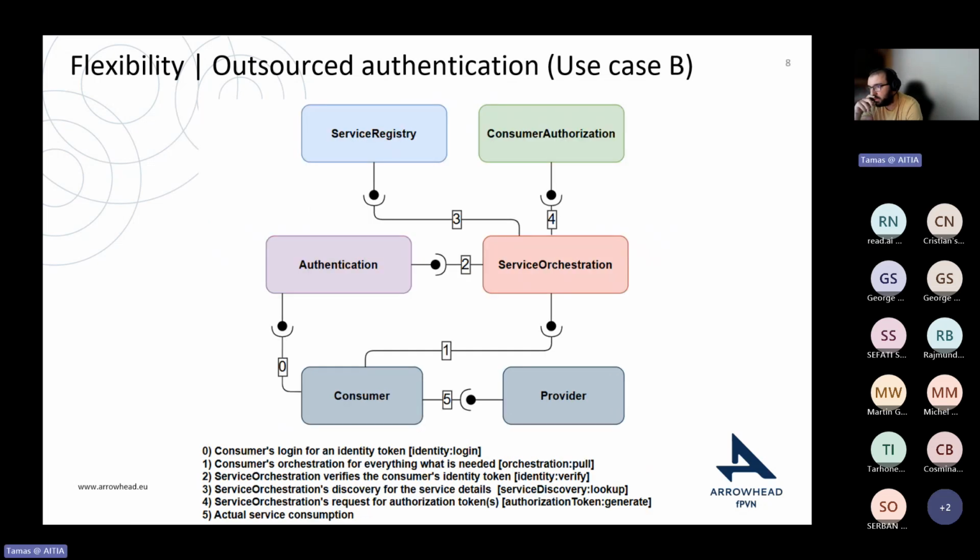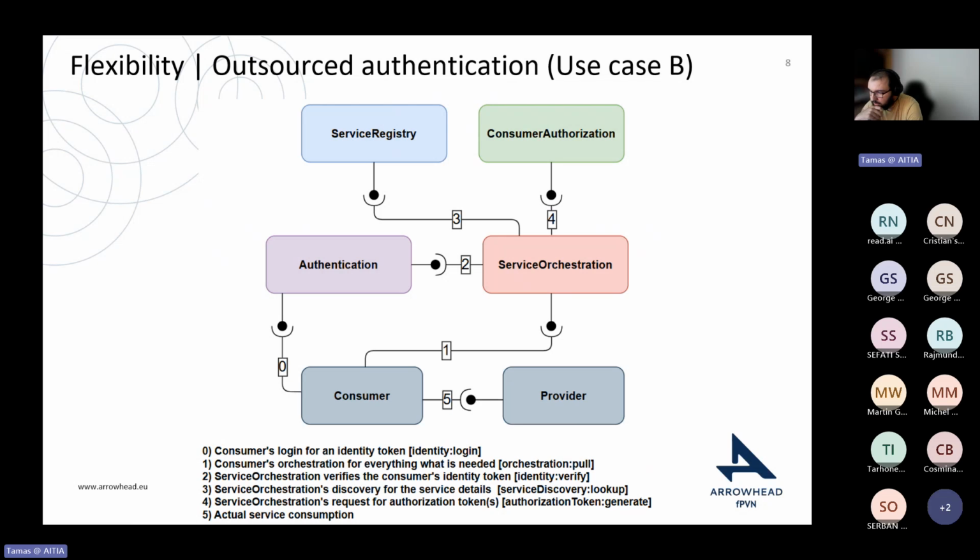The same happens in the cooperative working modes. The only difference is that since the consumer turns only to the service orchestrator, only the service orchestrator will verify its identity token with the authentication core system.